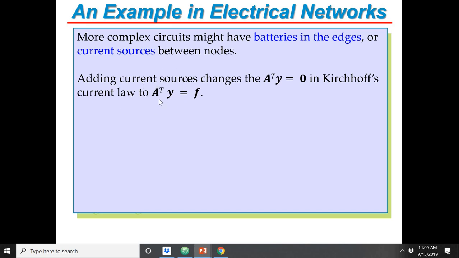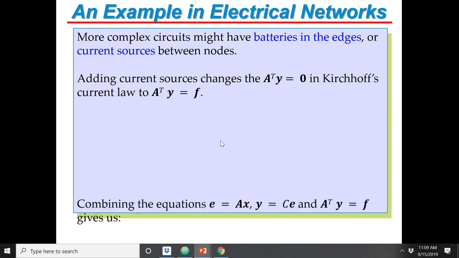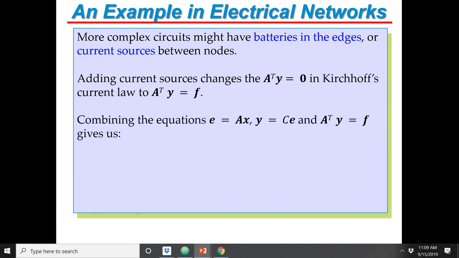So by generalizing this, we will be able to see a more useful form of this governing equation for this problem. So let me go back. We have three equations. Remember, one defines the differences between potentials. The constitutive equation that from the potential differences gives me the currents, and then Kirchhoff's generalized form that tells me A transpose y equals f.